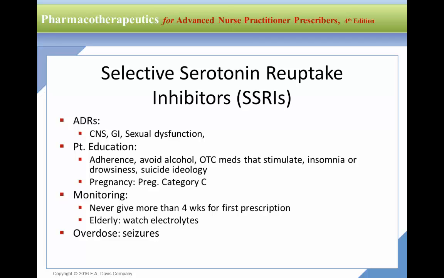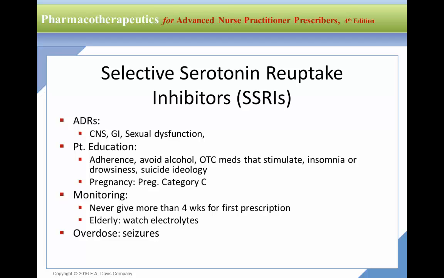They all have high risk of suicidal attempt. They all have high risk of sexual dysfunction, as mentioned with TCAs. In addition, because they're medications that could alter the CNS, patients could have lightheadedness, dizziness, sweating, and even sometimes exacerbation of anxiety.